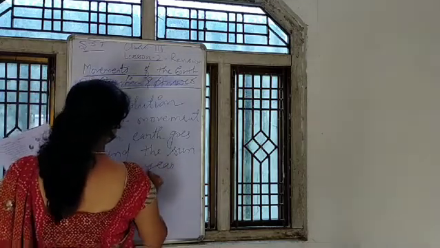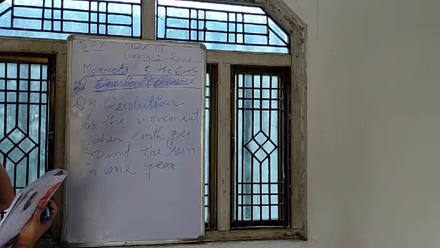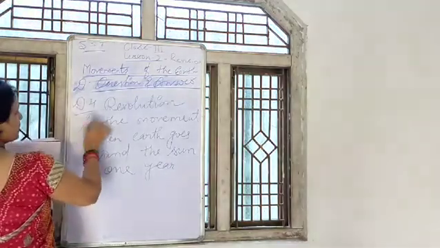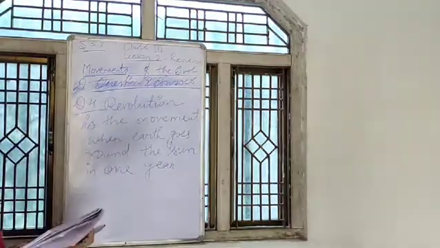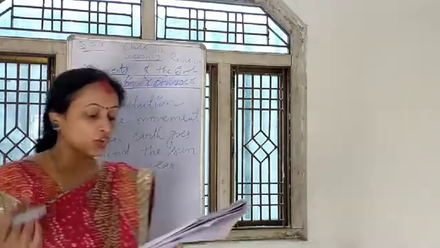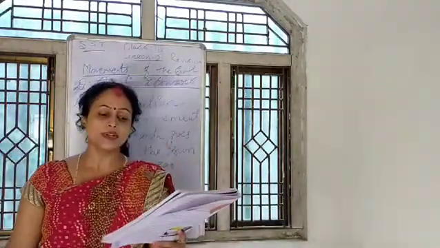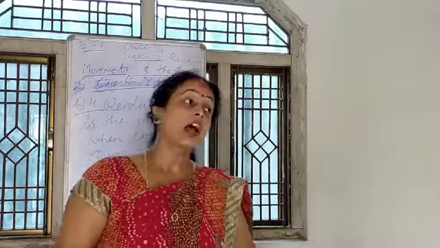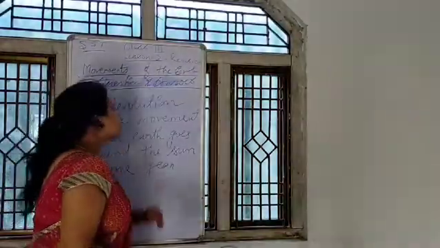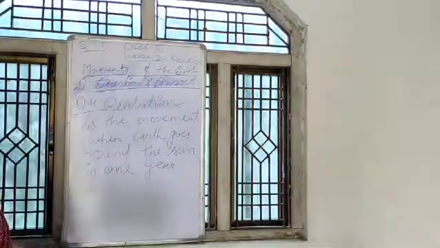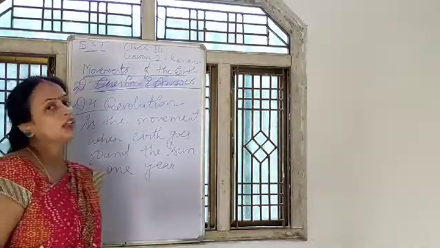Okay, so this is answer number D4. As we have already discussed, again I will repeat: rotation is the spinning movement of the earth on its axis, and revolution is the movement when the earth goes round the sun in 1 year.